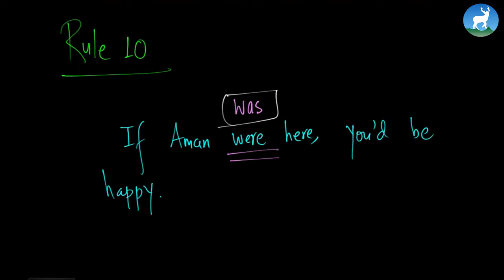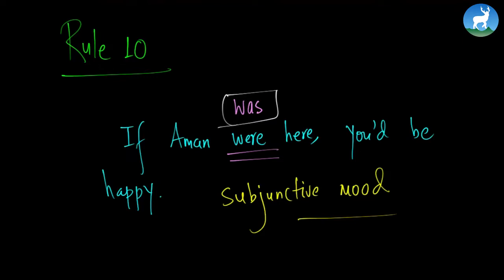The sentence demonstrates the subjunctive mood, which is used to express things that are hypothetical, wistful, imaginary, or factually contradictory. The subjunctive mood pairs singular subjects with what we usually think of as plural verbs. Right? This is what we call the subjunctive mood, because it is talking about something that is hypothetical.